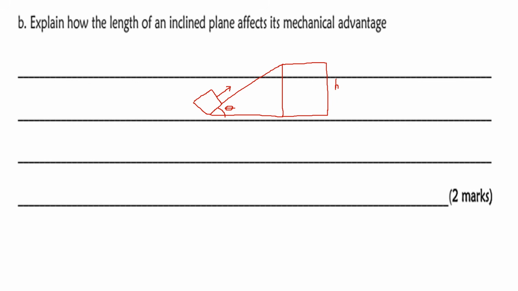All right, so as this body is being pulled up, you are applying a force called effort, usually denoted by the letter E. And this is to be moved along the distance D until it is brought somewhere there.